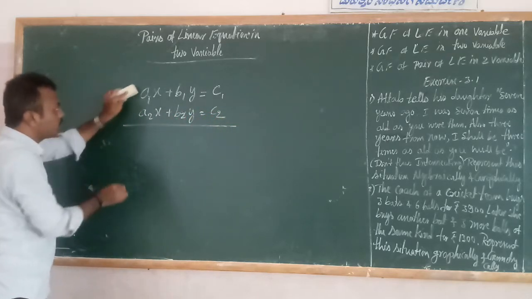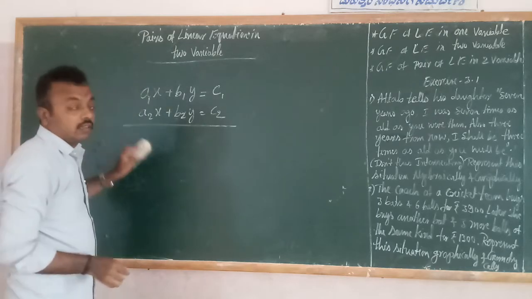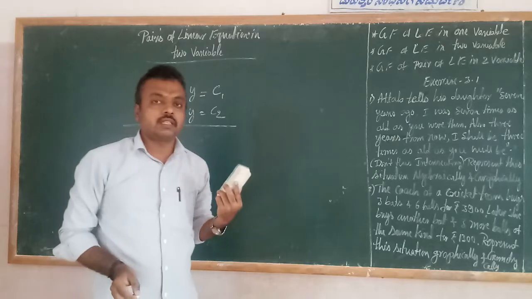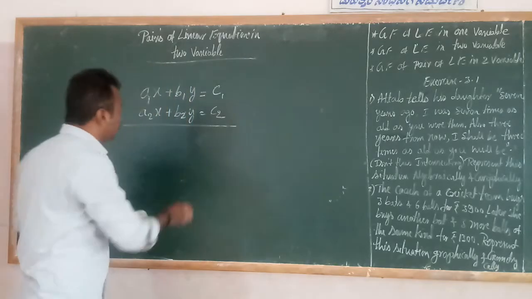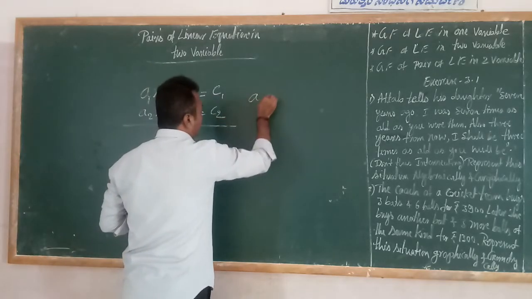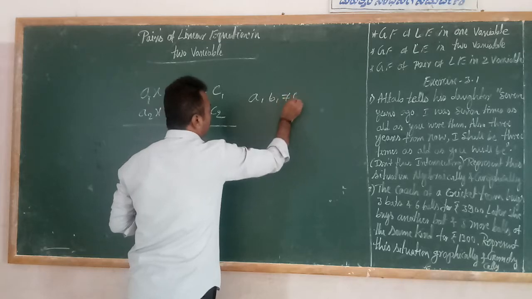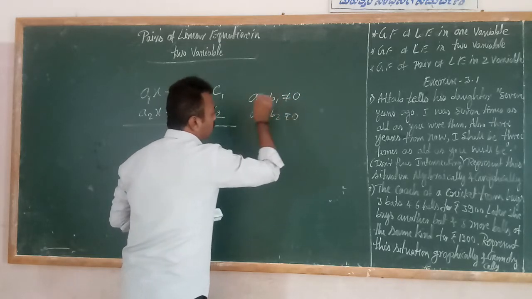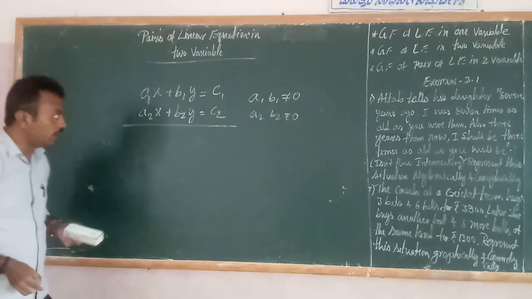These two are the general form of a pair of linear equations in two variables. Here a1 and b1 are not equal to 0, and a2 and b2 are also not equal to 0. It is a condition.